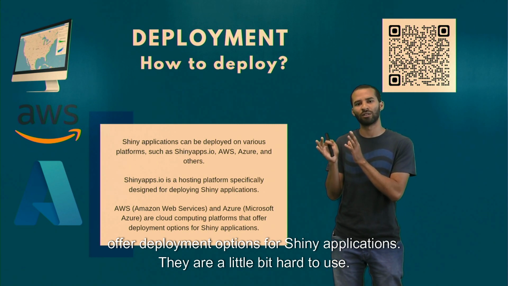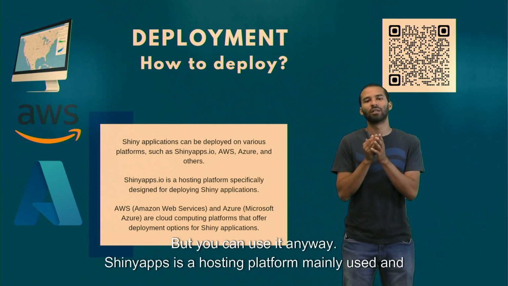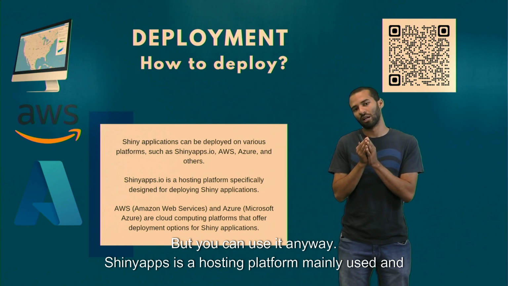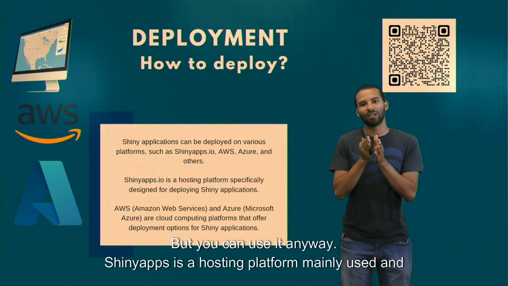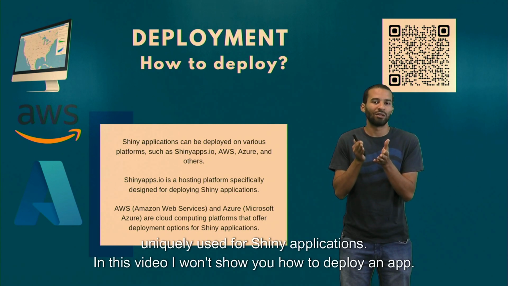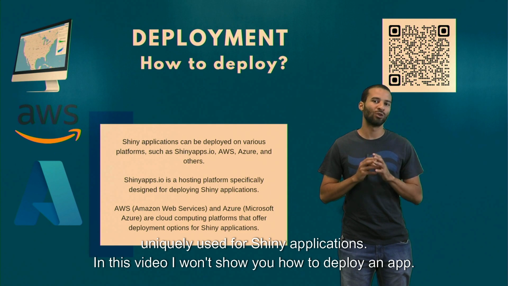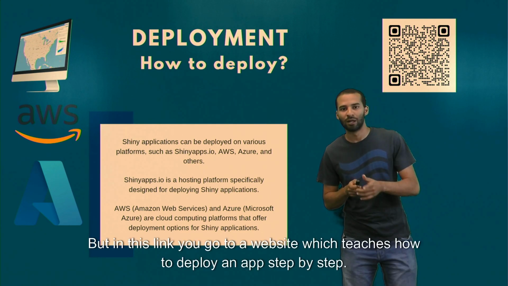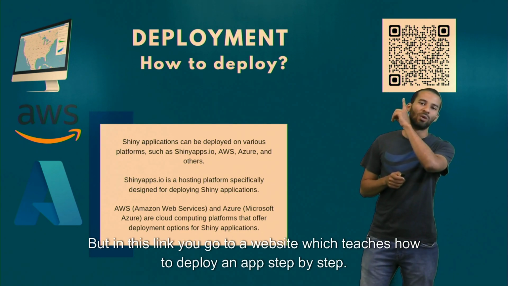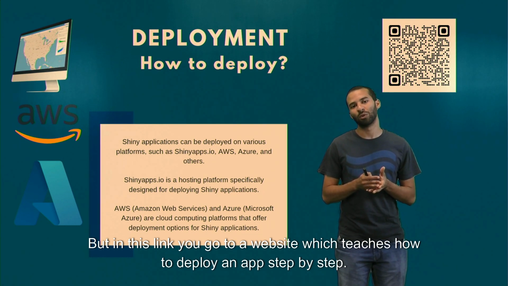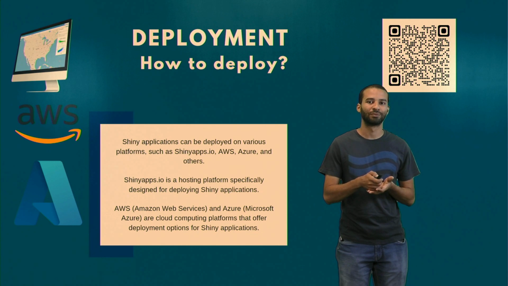They're a little bit hard to use, but you can use them anyway. Shinyapps.io is a hosting platform mainly and uniquely used for Shiny applications. In this video, I won't show you how to deploy an app, but in this link, you'll go to a website which teaches how to deploy an app step by step.